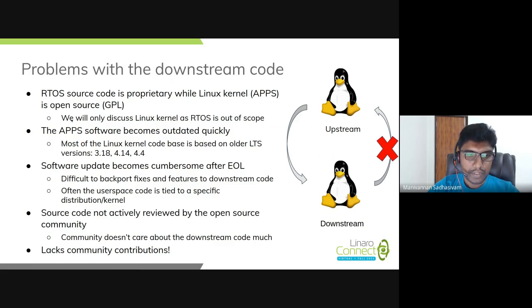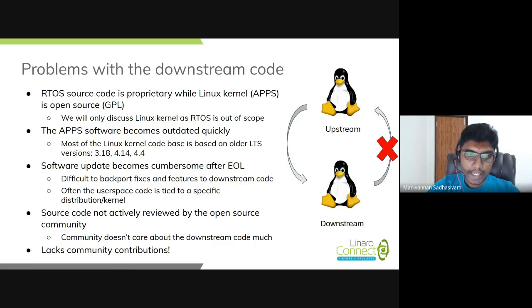The apps processor running the software that includes both Linux kernel as well as the user space becomes outdated very quickly. For instance, Linux kernel rolls out a new release roughly every 3 months, and that makes the modem Linux kernel become very outdated.